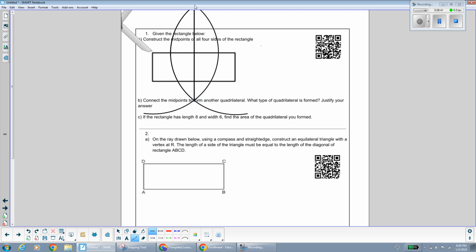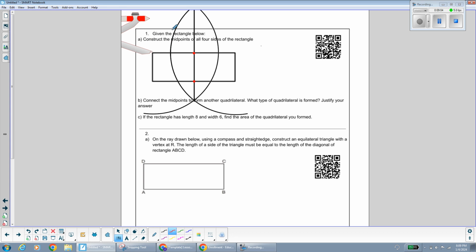And right through those 2 intersection points, I'm going to make my perpendicular bisector. This cuts the side of the line segment in half, so that would be the midpoint of this side. At the same time, it also gave me the midpoint of this side. So now I just need to find the midpoints of these 2 sides that are remaining.